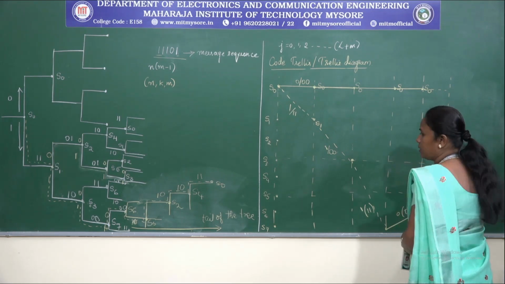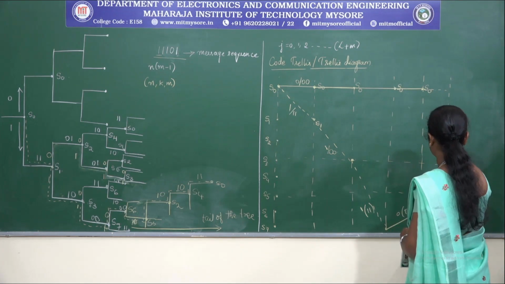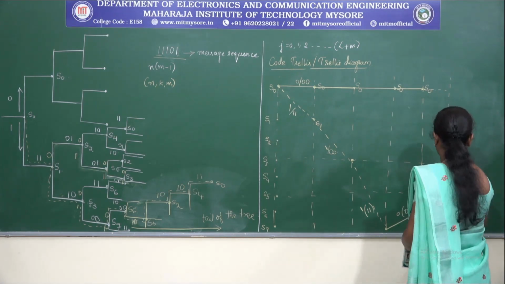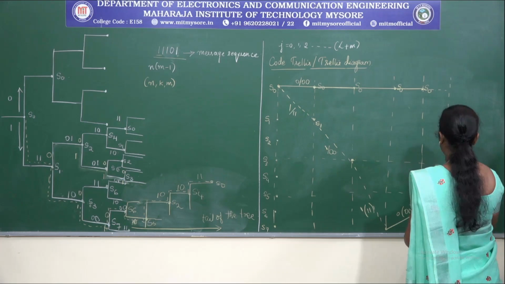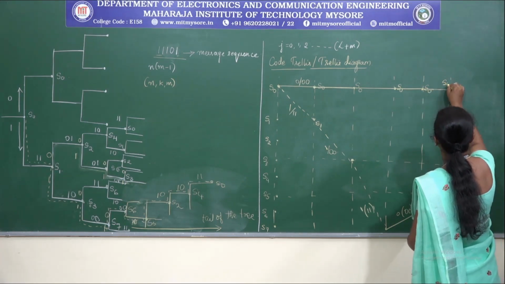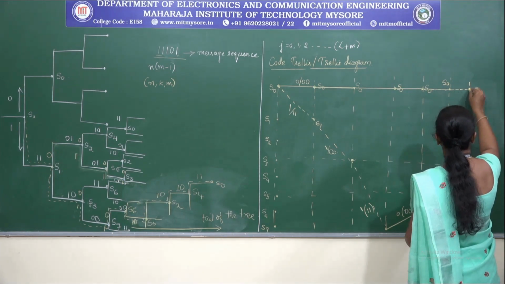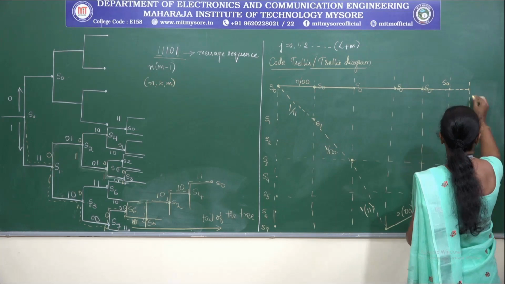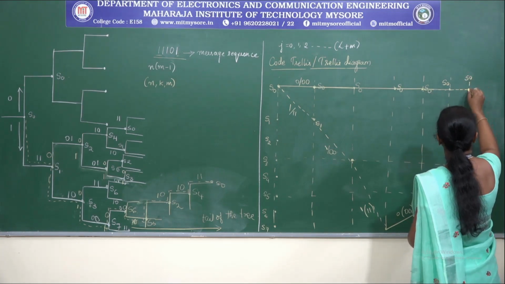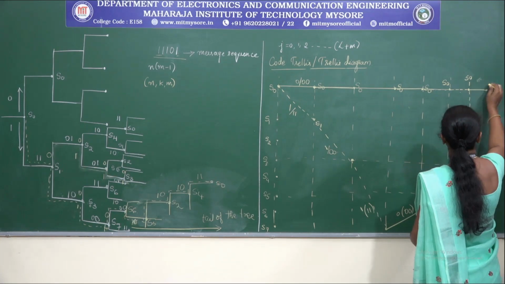Corresponding to that the output is 1 0. Next, this part is S0. This part is called the tail of the tree. That means from here your extension starts. That's why we have indicated it by a dashed line. So again this is S0.